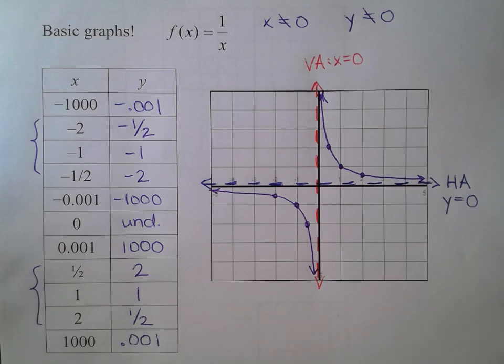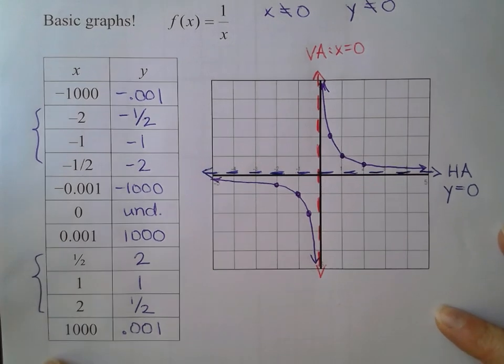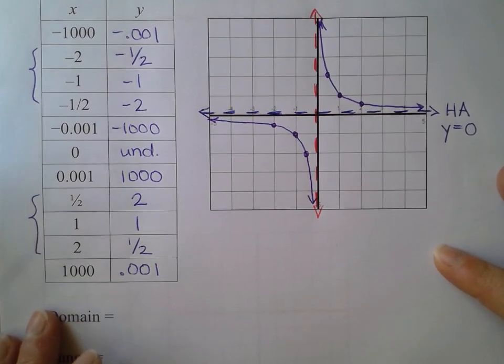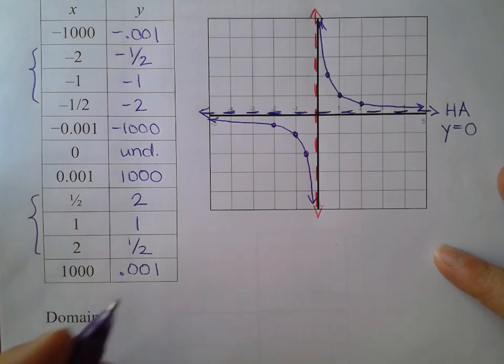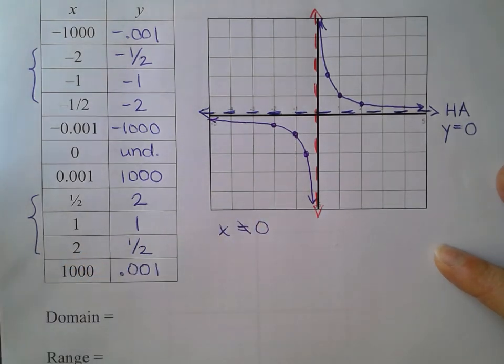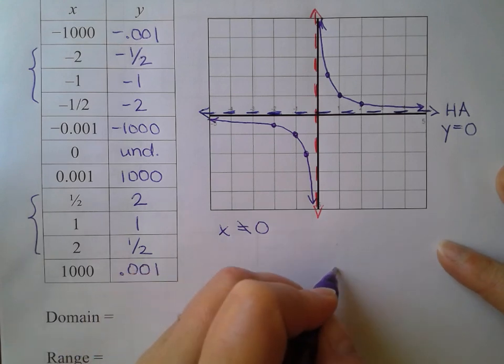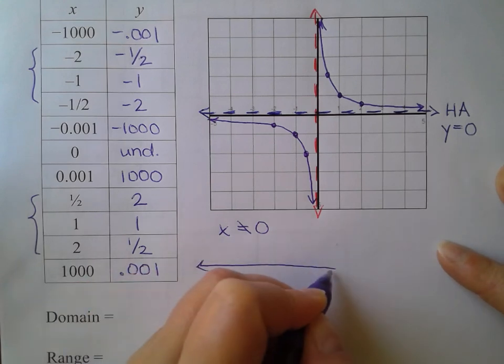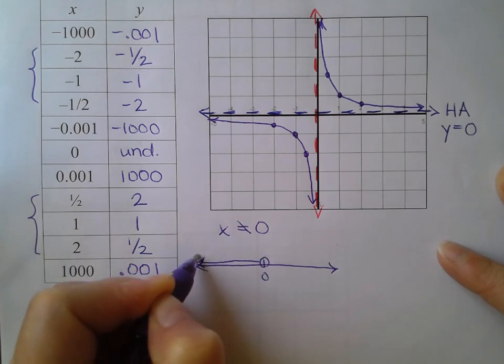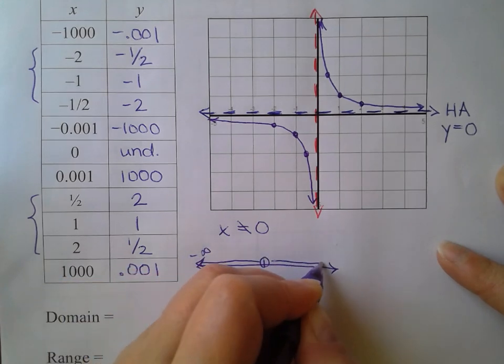We could list out the domain and range for this graph. So remember we said that the x value was not going to be 0. So the domain, if we were to draw a number line, we're leaving out 0, but we're including every other number as a possible x value.